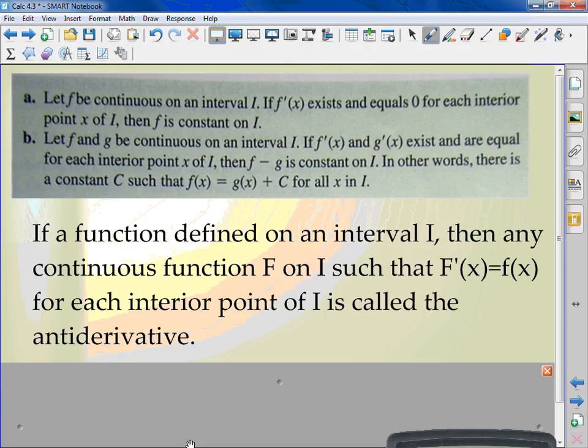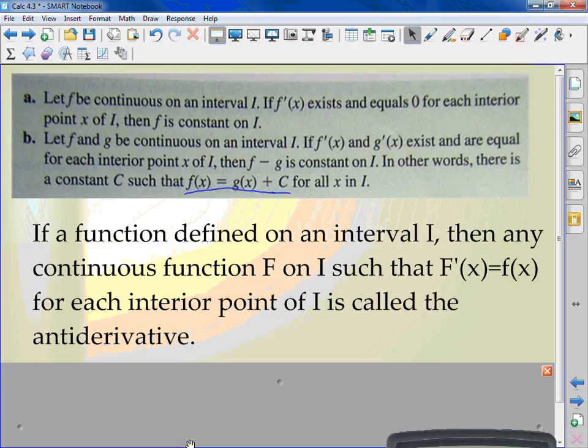All this is saying, I have two different graphs. Both graphs, both their derivatives are identical. So that means all their slopes are the same. The only thing that's different is a constant being added onto the second one.